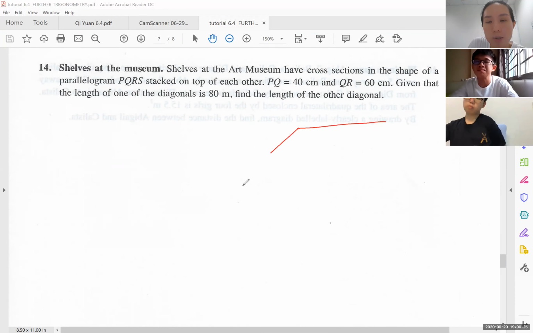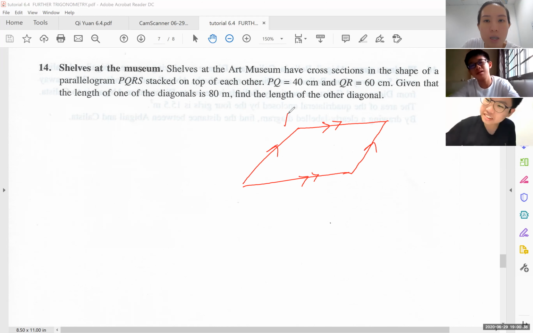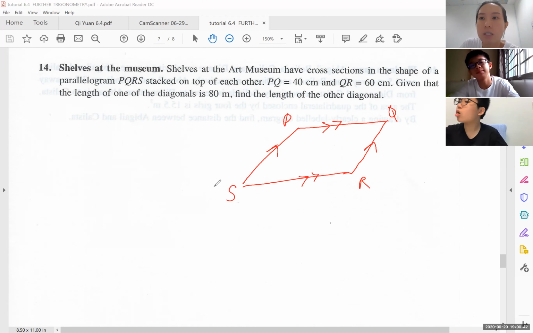Okay, parallelogram. What's so special about a parallelogram? Two pairs of parallel lines. Then we'll label P, Q, R, S. Some student will ask me, Miss Lin, can I label like that? P, Q, R, S? Can, as long as it's in order.